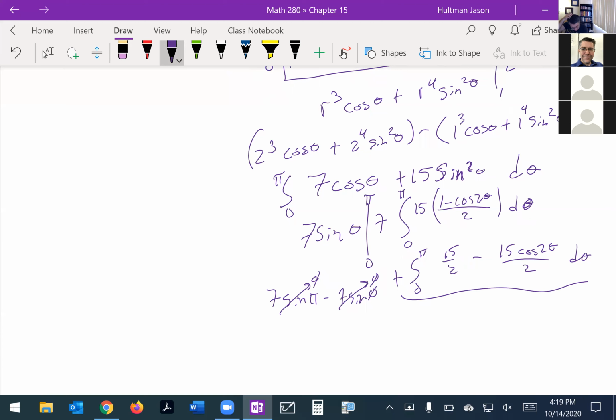I could factor out a 15 halves if I wanted to. Maybe I should have done that, but it doesn't really matter. Let's just leave it. This is going to be 15 halves theta minus 15 halves sine of 2 theta. But if I did a u du substitution, I would have to divide by 2.